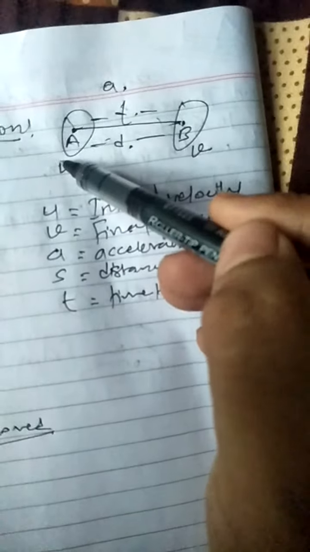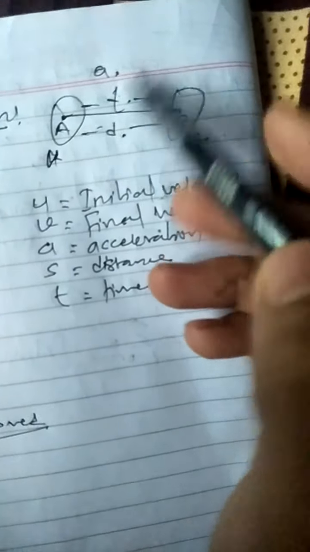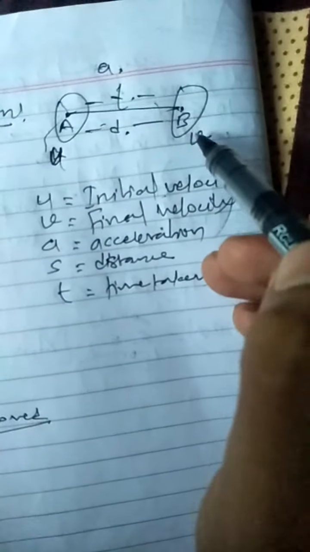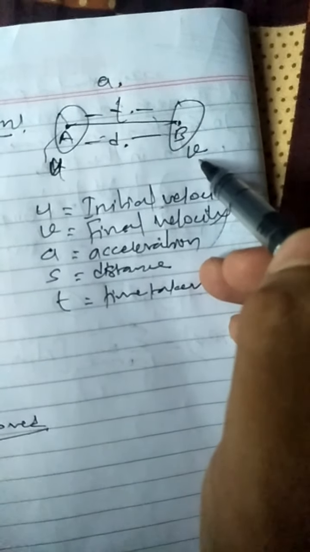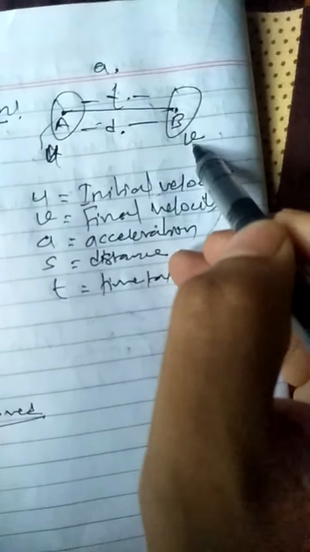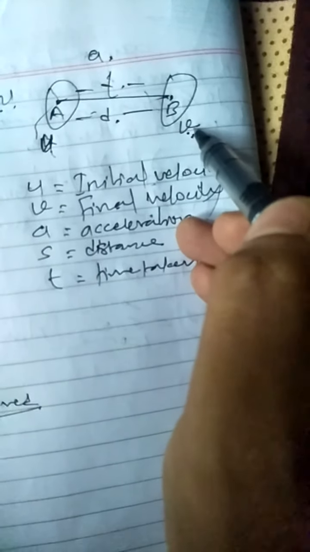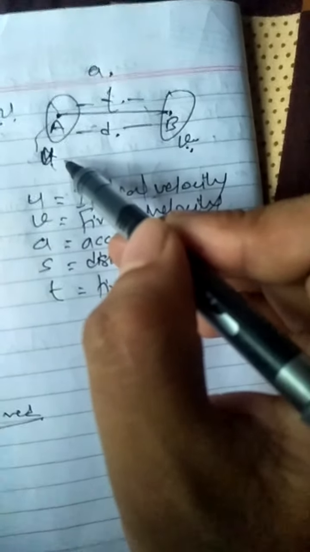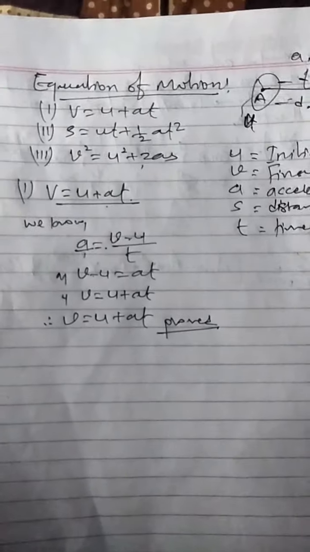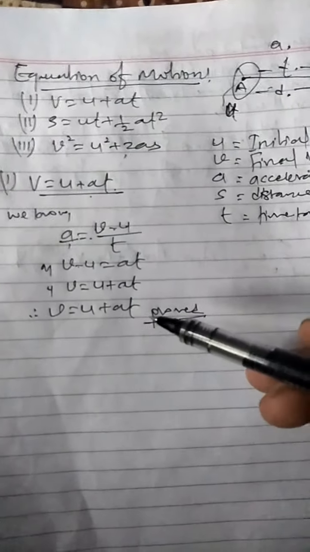It has initial velocity u at position A, and when it reaches position B, it has the final velocity v. This is the initial, starting velocity, and this is the final velocity. When you subtract v - u, you will get the change in velocity, and dividing by time gives the rate of change of velocity. In this way also you can understand and derive it.